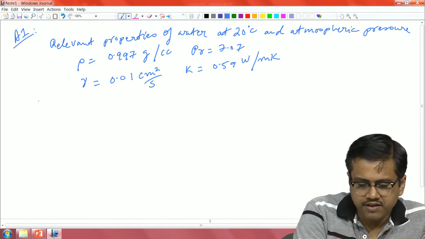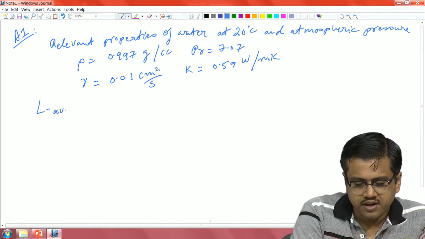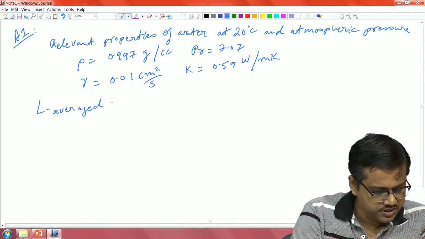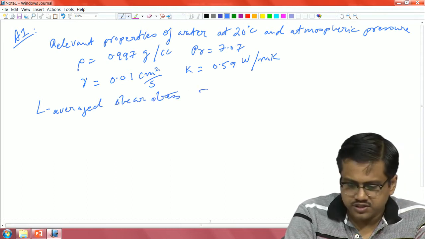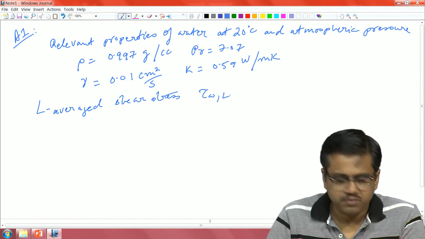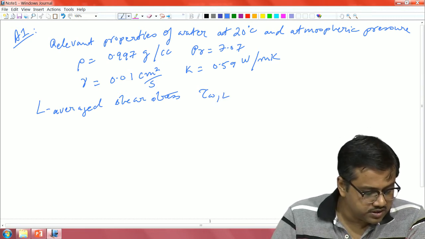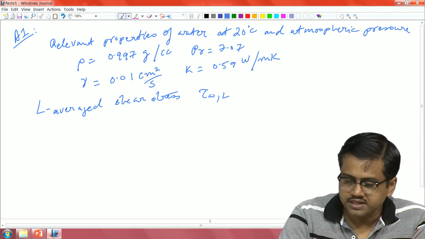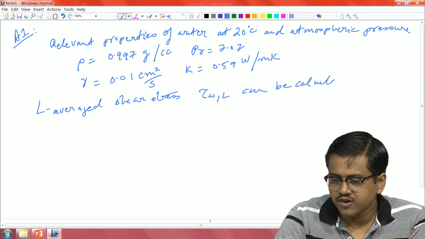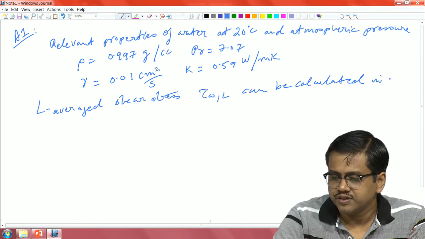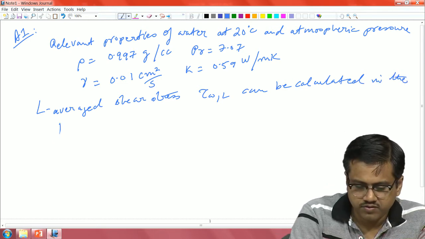The L averaged shear stress, which is tau wall L, can be calculated in the following order.